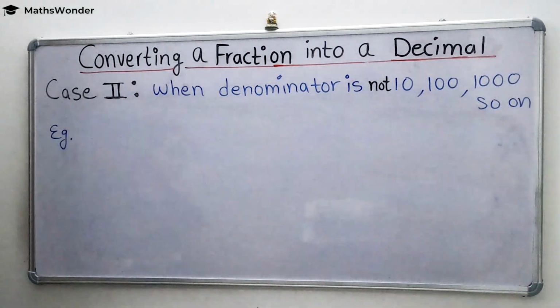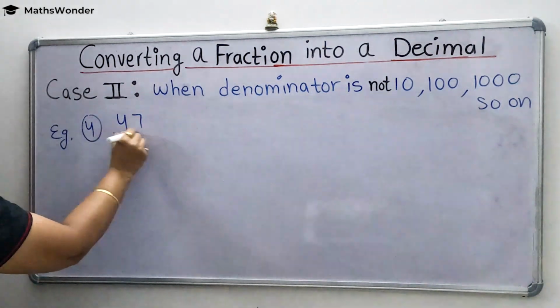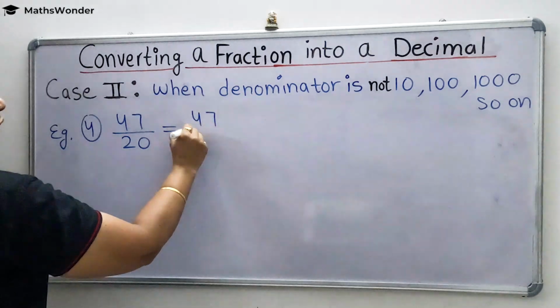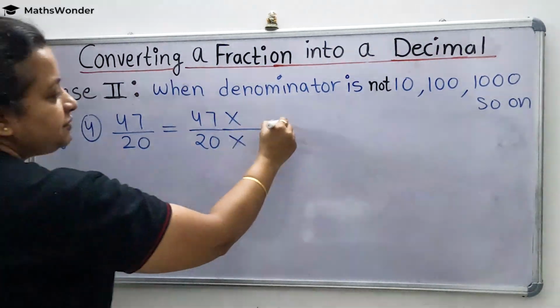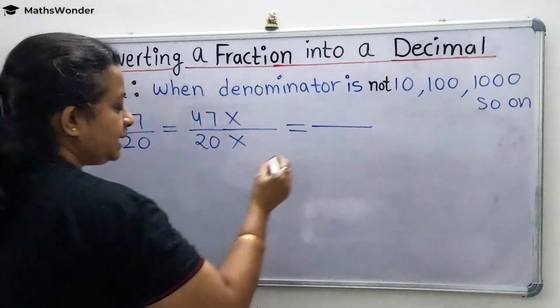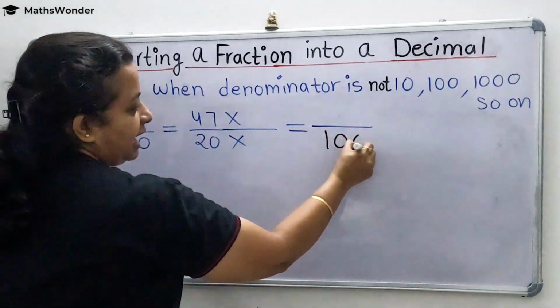If the question is given, the fourth example is 47 over 20. Now check, 47 over 20 can be converted into some number which will give 10, 100, or 1000. Yes, of course. When we convert 20, we can easily make it 100.